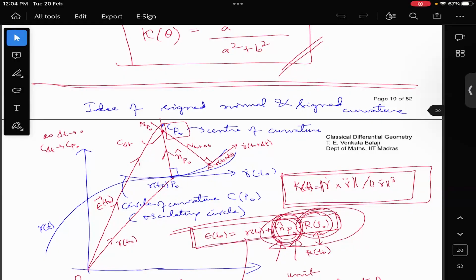But the normal direction is not uniquely given, because through a point I can draw a normal line, but to choose a normal direction I have to choose one of the two opposing directions. So in order to have a uniform choice, we define what is called the sine normal: you take the tangent and rotate it by 90 degrees anti-clockwise, and you call that the sine normal.